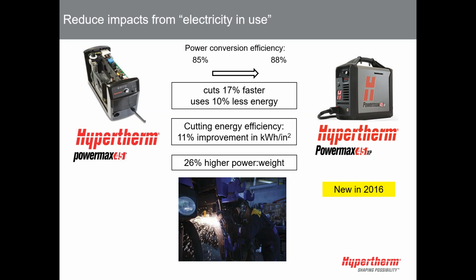So bringing the scope down to just our product improvement process and our design for sustainability around products, I want to tell you a little bit about what we've done to improve the products themselves. So again, energy use is the biggest when you just look at the scope of the product. We had a new product released recently in 2016 called the 45XP, that's on the right, and its predecessor was called the PowerMax 45.